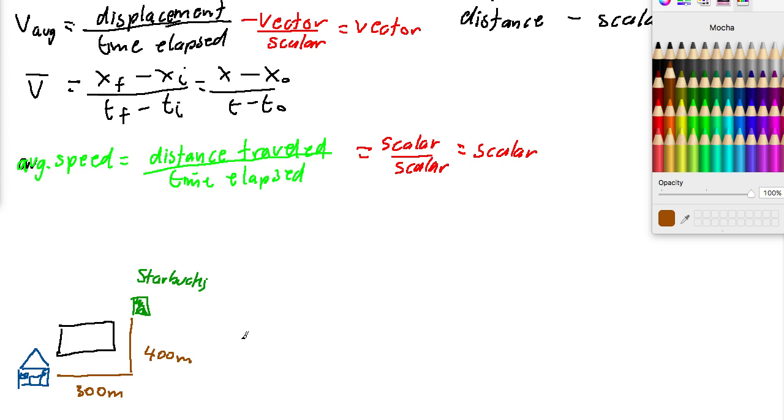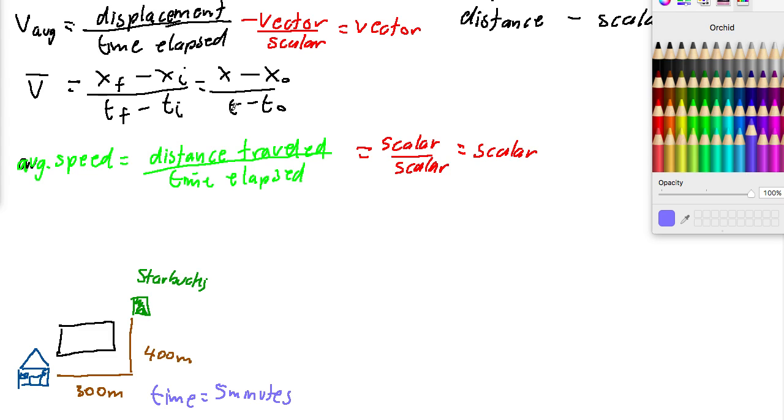And now the problem will ask you to give them the average velocity and the average speed, and the time that it took this person to walk to Starbucks was 5 minutes. Okay?